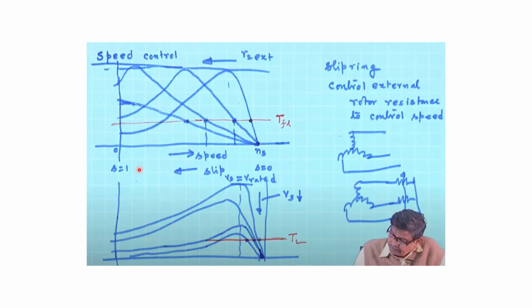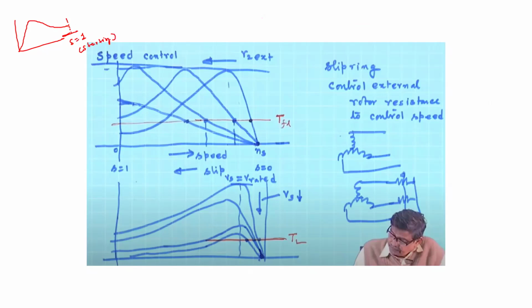So you see the sir has drawn the torque slip characteristics in a reverse way, because till now whenever we were drawing the torque slip characteristics, we were drawing it like this, where slip equal to 1 is for starting.